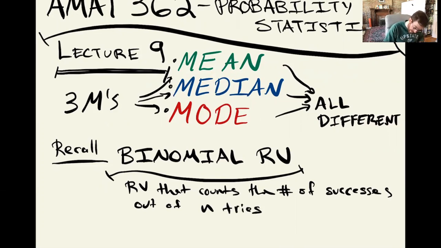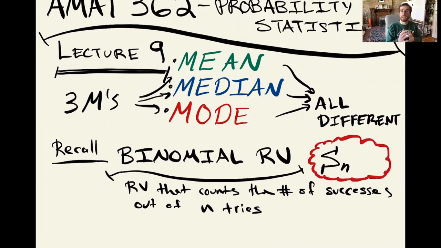We sometimes write this random variable using different letters. I like to use Sn to indicate that this counts successes S out of n tries. All right, so this is going to be my binomial.